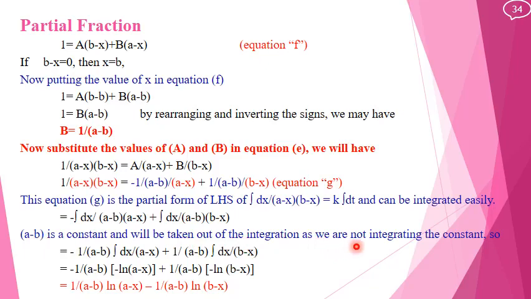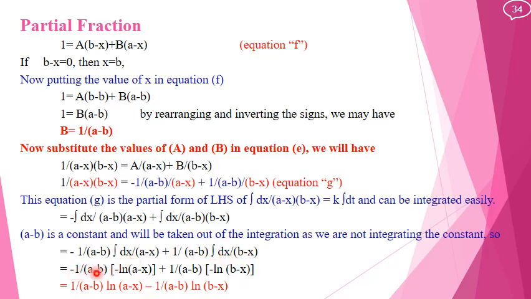A minus b is a constant quantity, and we will take it out of the integration sign, as we are not integrating the constants. So minus 1 over (a minus b) integral of dx over (a minus x), plus 1 over (a minus b) integral of dx over (b minus x).